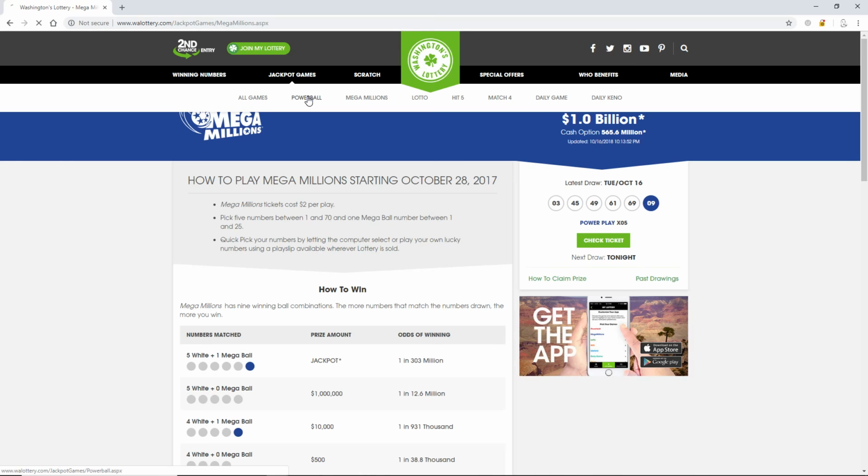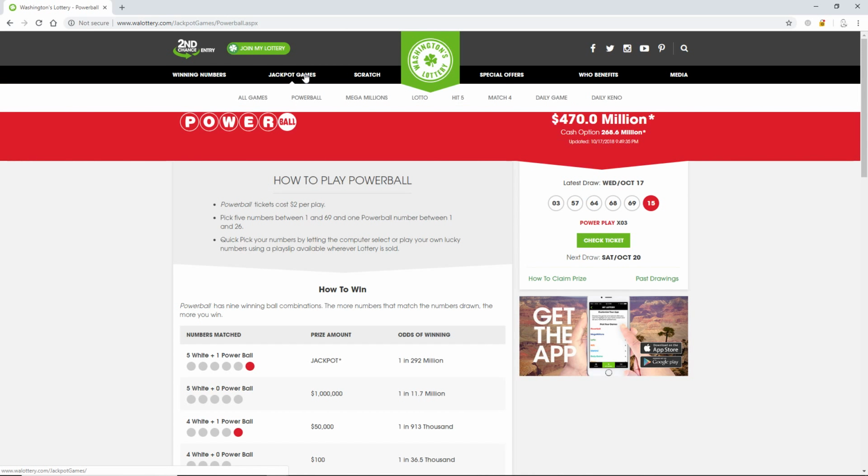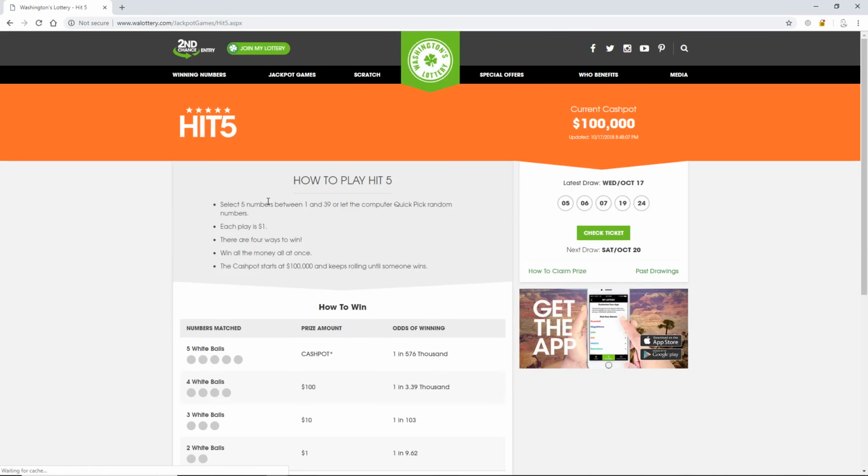Let's look at some other jackpot games. Let's say if we had Powerball. Actually, I won't go to Powerball. I'll go to Hit Five. So Hit Five is from 1 to 39, and you have to choose five numbers. They're saying that the odds of winning is 1 in 576,000.